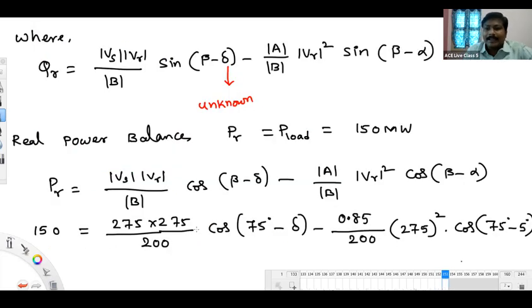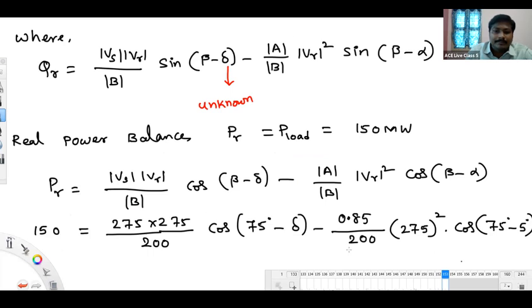Kilo square, mega is common, so that mega and this mega will be cancelled out. And you find out the angle delta from this one.